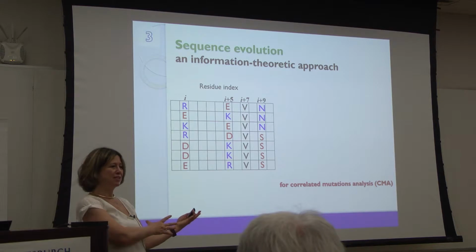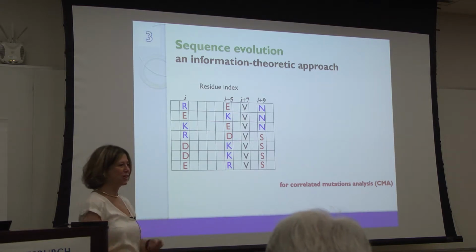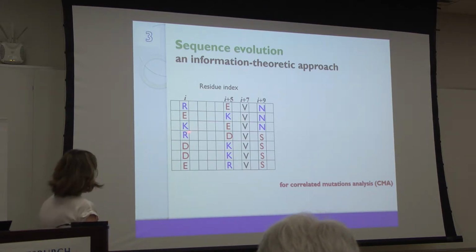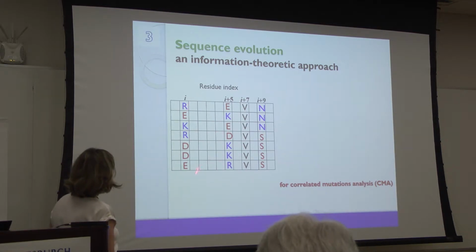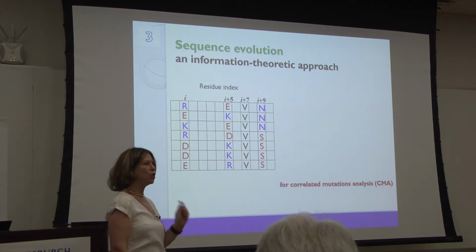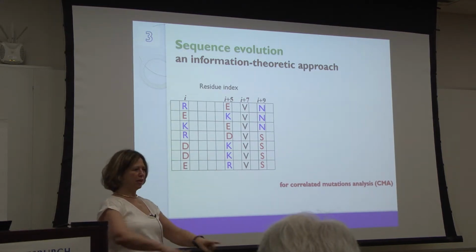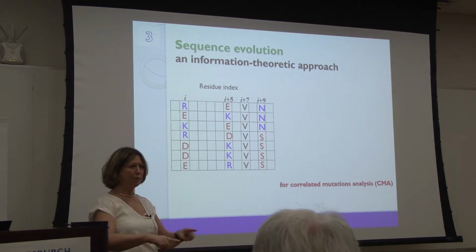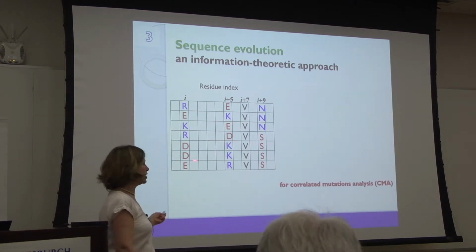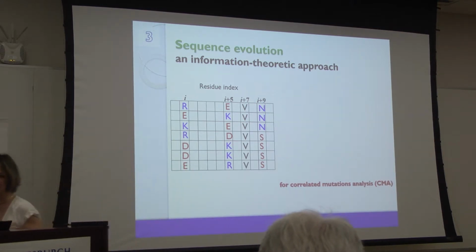So people use that as a constraint for predicting the structure. So I can conclude that residues I and I+5 are co-evolving. If I do this type of coevolution map, this is going to be a strong signal, a peak.